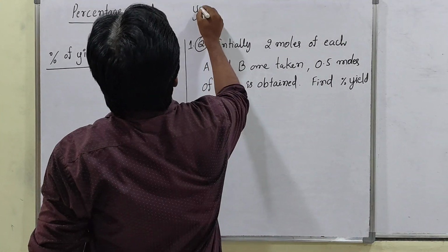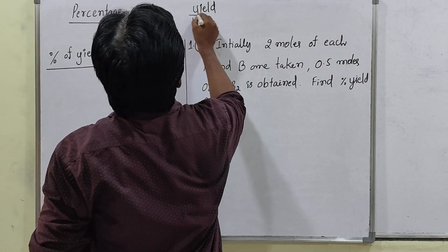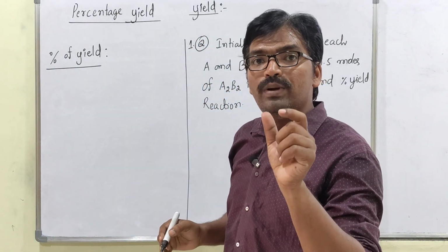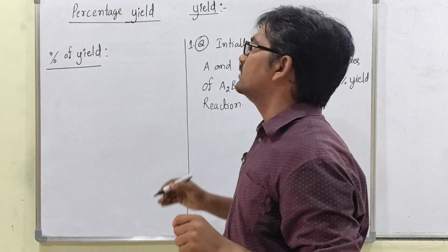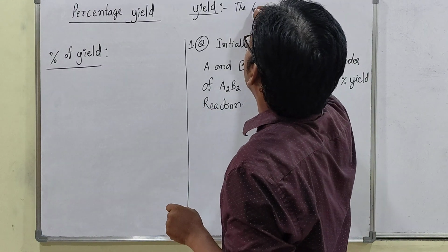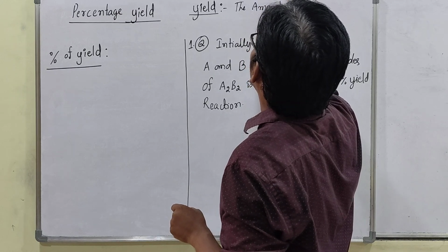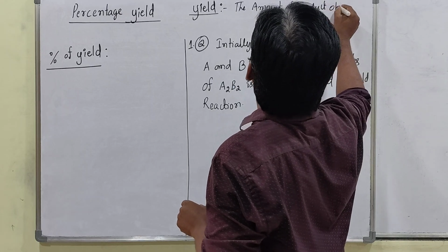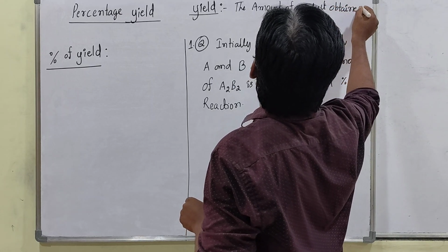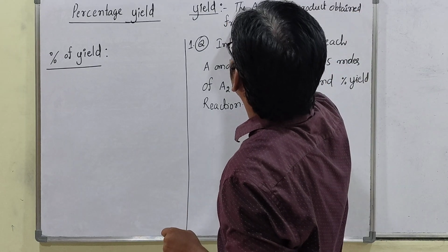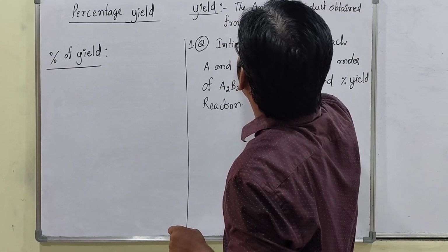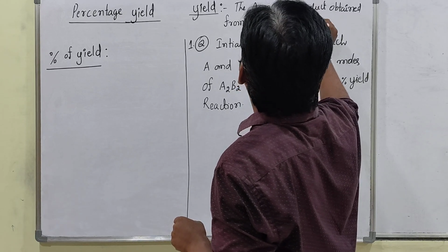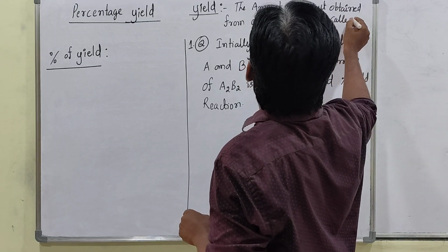First of all, yield is nothing but the amount of product obtained from a chemical reaction is called yield.